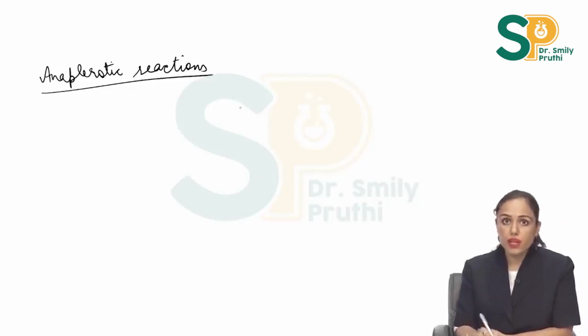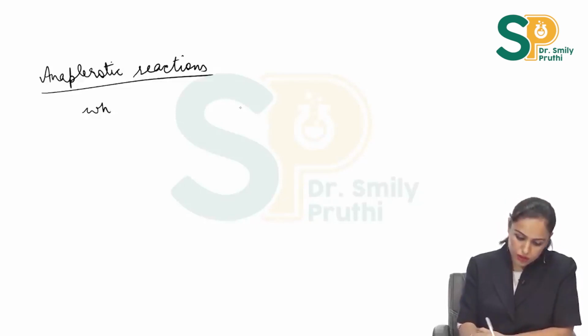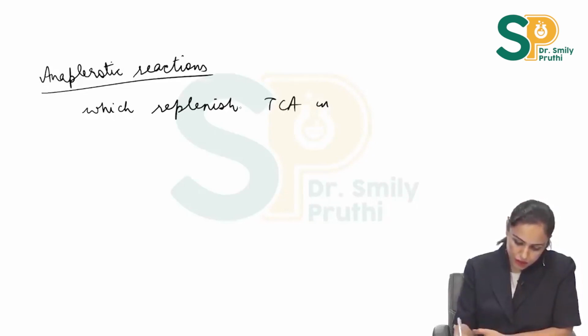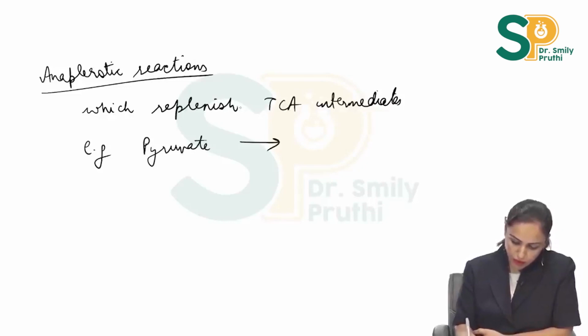So, anaplerotic reactions are those reactions which replenish TCA intermediates. For example, pyruvate can form oxaloacetate. OAA, when I write, that is the short form of oxaloacetate.